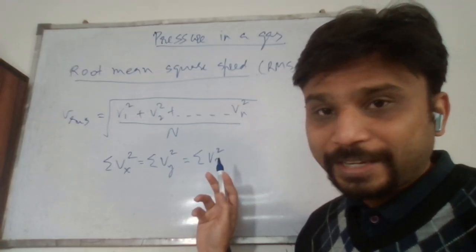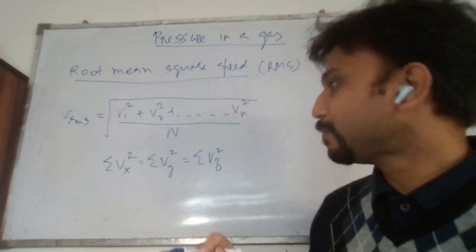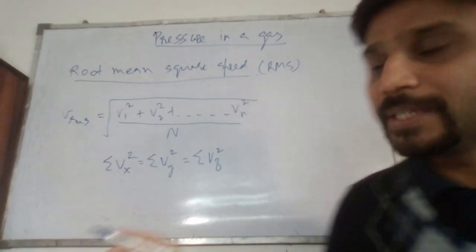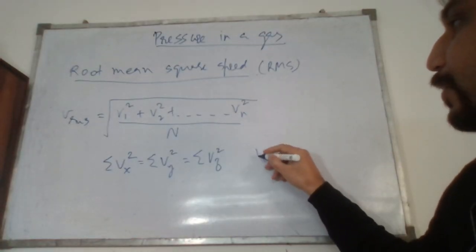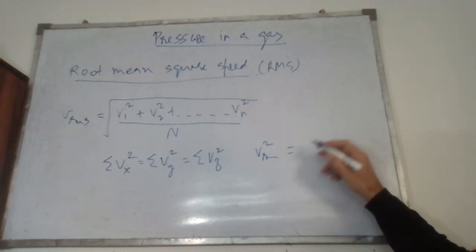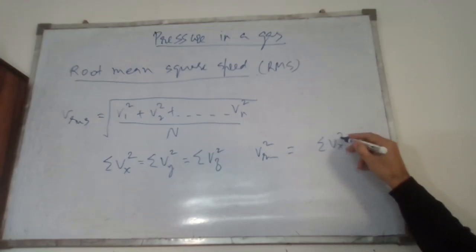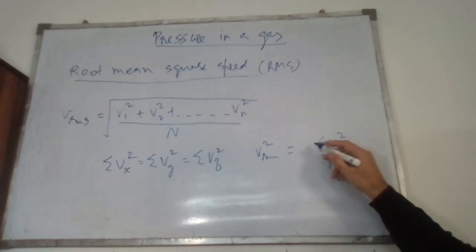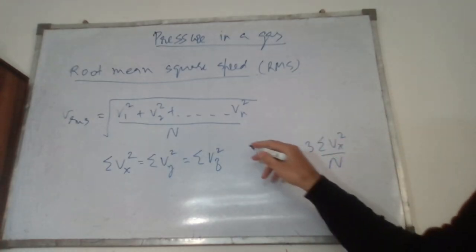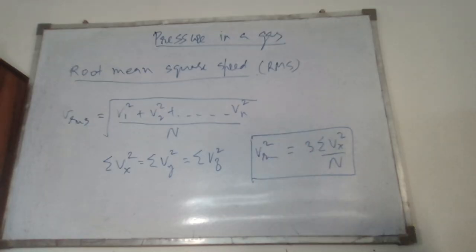I cannot say it for a single particle, I can say it for all the particles. Then if I use the equation for VRMS, I arrive at VRMS squared equal to the summation of Vx squared divided by n, times 3. So this is one of the equations which we'll be using, right?